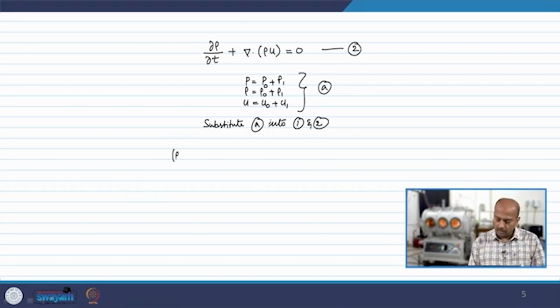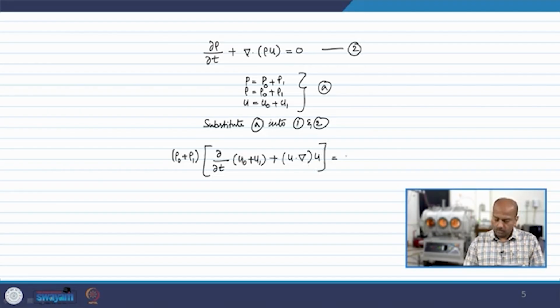So we can write (ρ0 + ρ1) ∂/∂t (u0 + u1) + u·∇u, which is the perturbation of equation 1, equals −γ (P0 + P1) ∇ρ1/(ρ0 + ρ1).